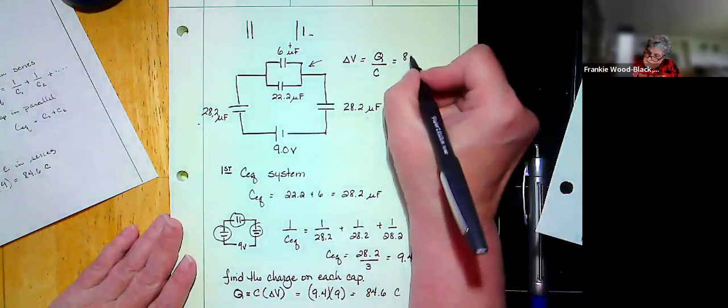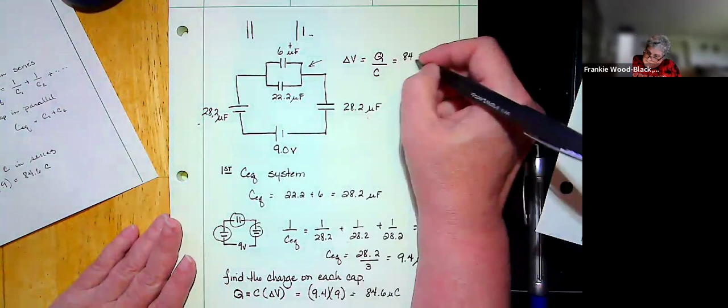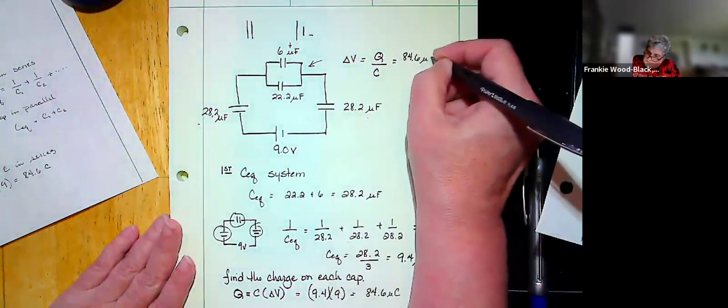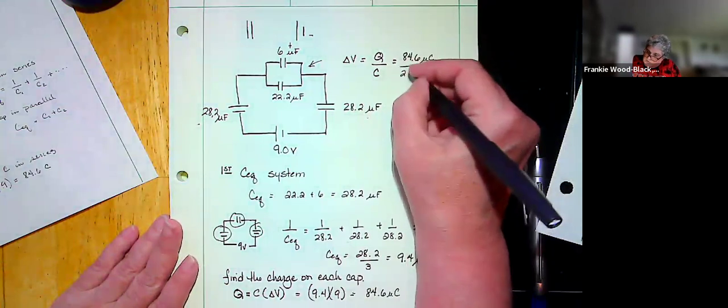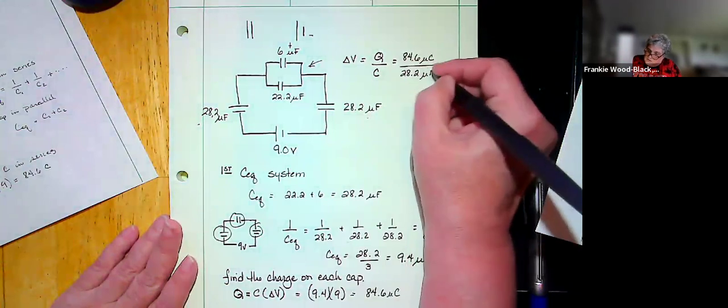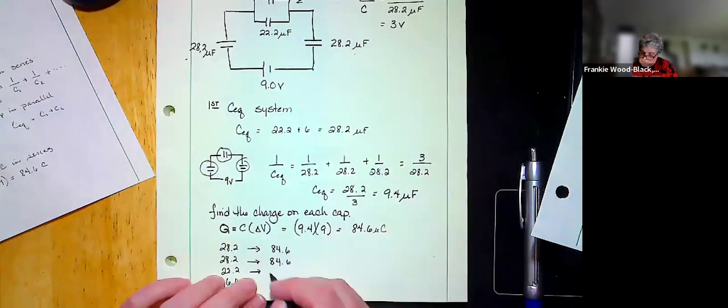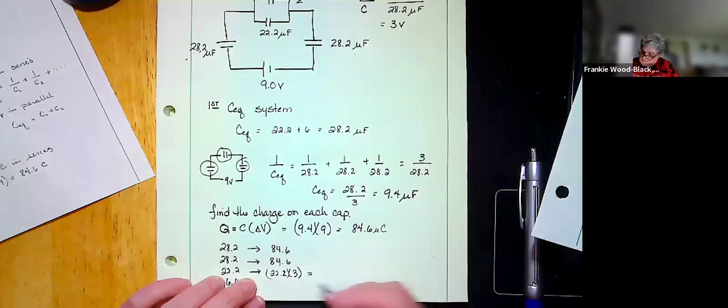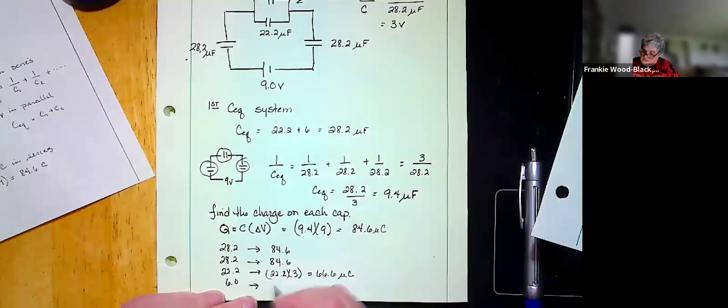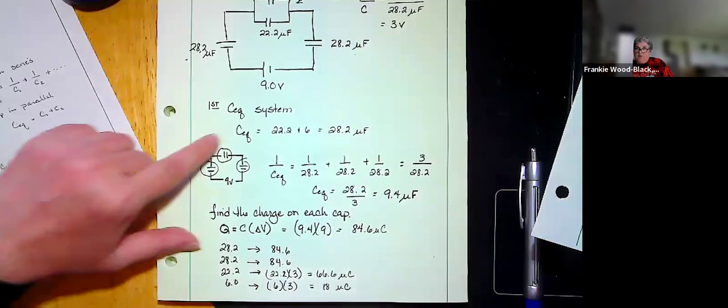This gives me my 84.6, sorry, those are microcoulombs, divided by my 28.2 microfarads. This gives me 3 volts. So this one now is going to be my 22.2 times my 3 volts, which is going to give me my 66.6 microcoulombs. And this gives me my 6 times 3, which is going to give me my 18 microcoulombs. So that's how we get the charge on each one of those that we're working with.